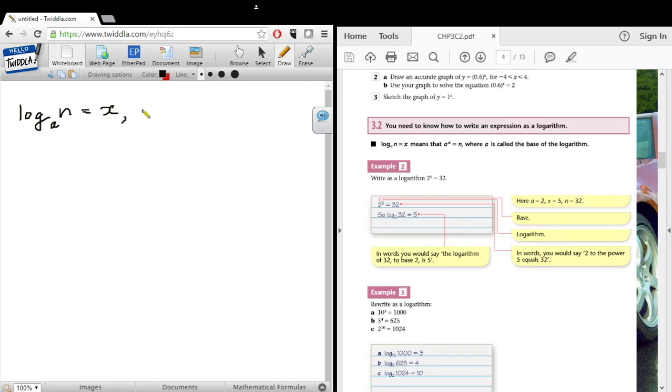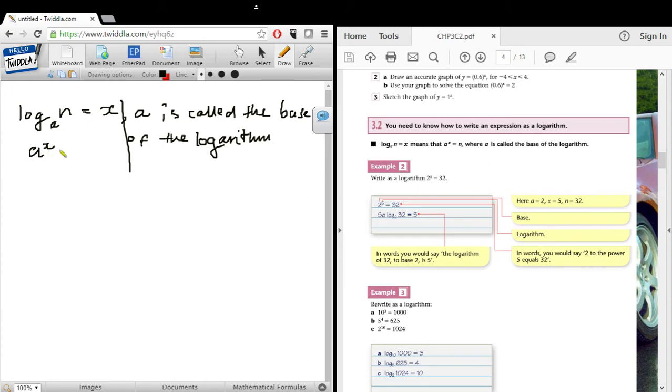Okay, a is called the base of the logarithm. And just separate the two. It can also be written as a to the power of x equals n.